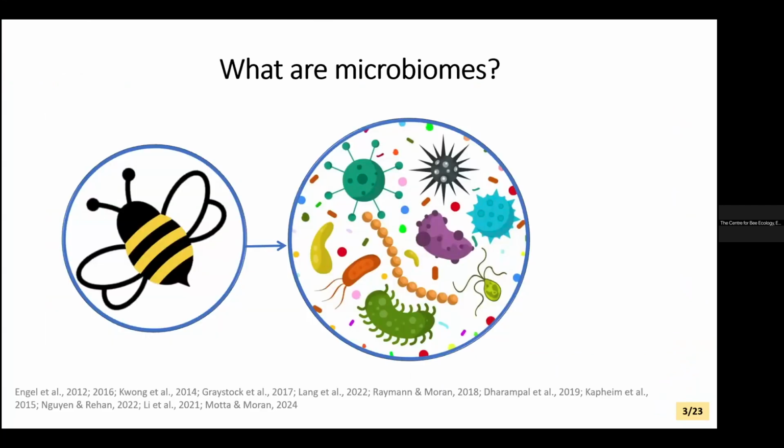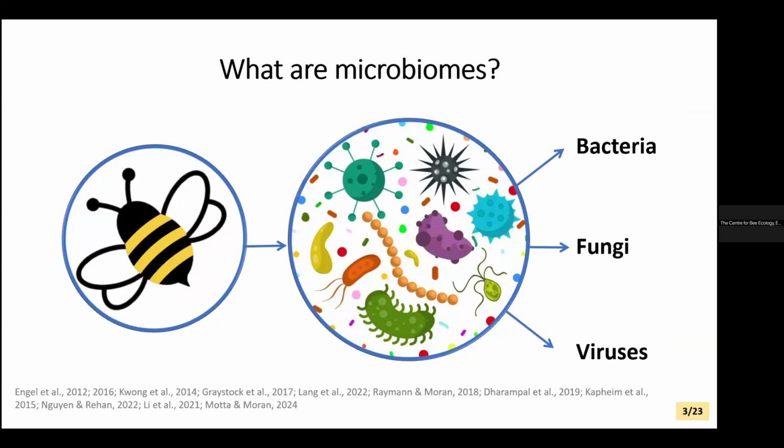So as a broad definition, the microbiome consists of all the microorganisms that reside in a particular environment. When we're studying organisms, the organism itself is the environment we're concerned with. In bee microbiome research, most studies will focus on bacteria, fungi, and viruses, as extensive research has shown that many microbes and strains within these three domains can be quite detrimental to bees if left unchecked.